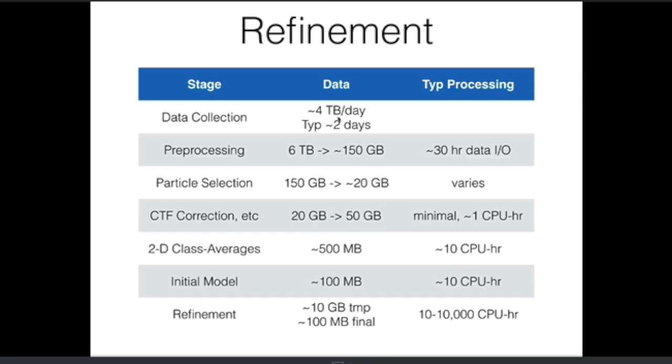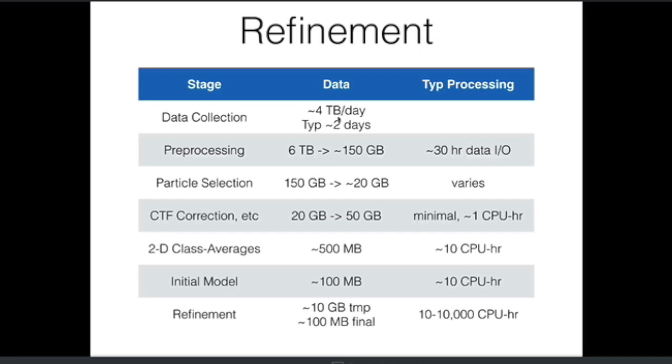The new detectors, not only do they have a better quantum efficiency, better signal-to-noise ratio, they can also collect data in the so-called movie mode, which allows you to compensate for the slow drifting motion that you may get from the stage or from the specimen, or when the beam impacts the specimen, it may cause things to move around a little bit. So instead of collecting an individual frame in a 1 second exposure, you're collecting, say, 30 frames in a 1 second exposure.